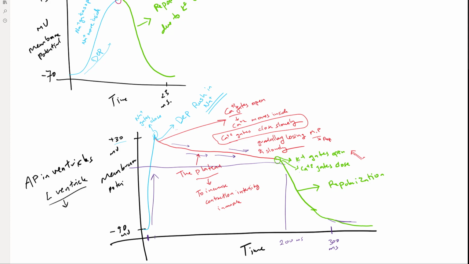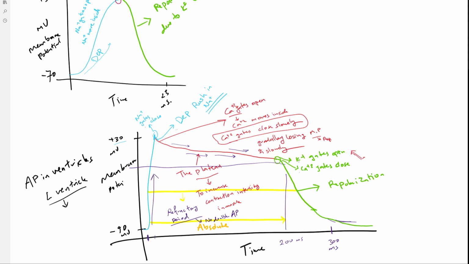Now, one thing about the plateau that is important is that it prevents further stimulation. So during this period, we have no contractions. We call this the refractory period. So during this period, for sure, no double action potential. Okay? Specifically, this area, from here to here, we call the absolute refractory period.